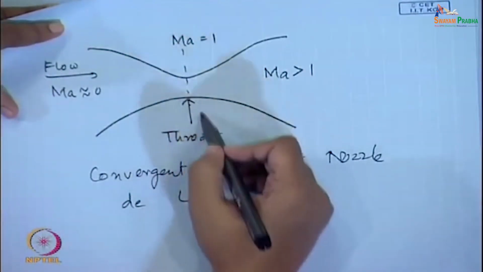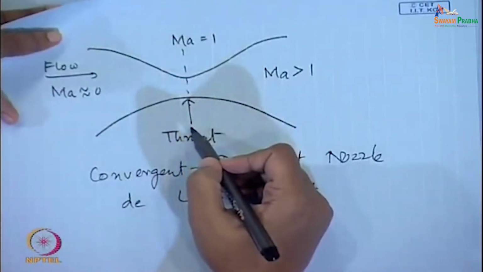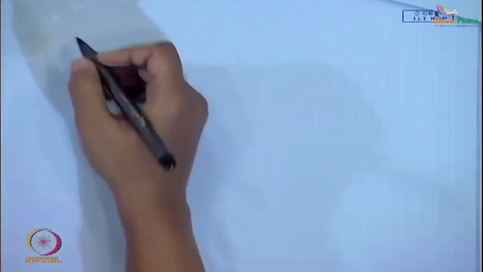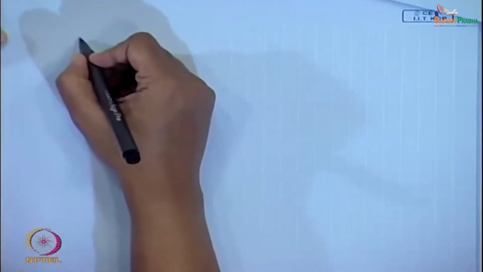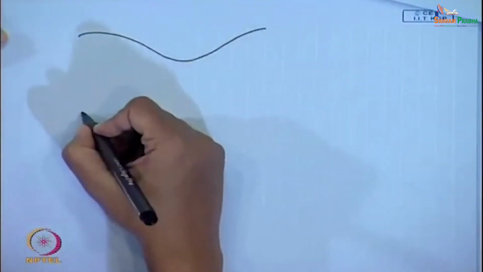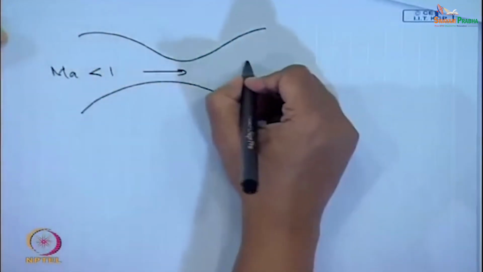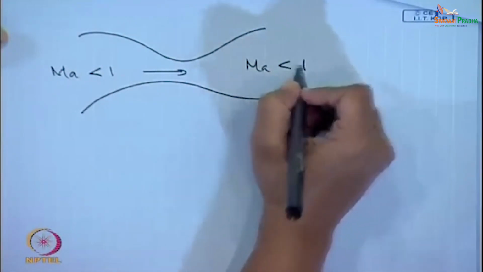So, this is the thing which you have to keep in mind, that for this particular case, if we have to have Mach number equal to 1, it can be under this particular condition. But we can also have situations where the flow throughout is subsonic. Here, Mach number is less than 1, in this case also Mach number is less than 1.